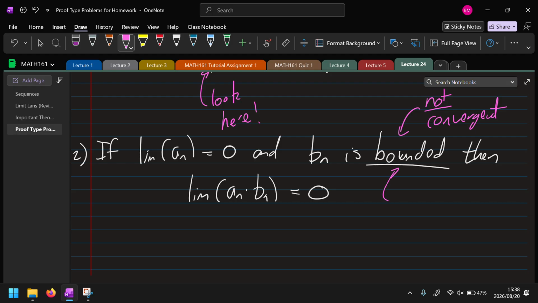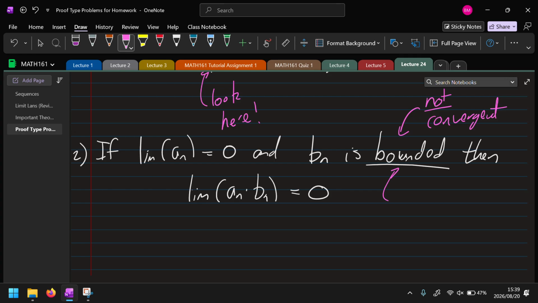So when is a sequence bounded? Or when is a function bounded? You know what bounded means? A function is bounded when it's smaller than some upper value and larger than some smaller value, like sine and cosine.